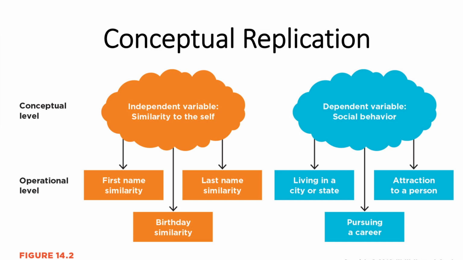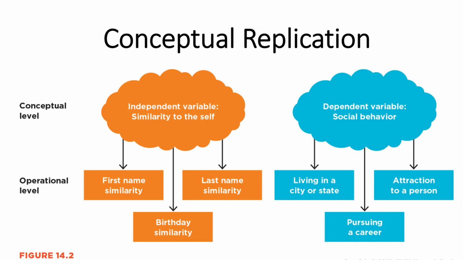But if we wanted to conceptually replicate that idea, if we wanted to show that that same concept applies in multiple ways, we could generalize. For some quick examples here, in conducting some other studies, researchers have found that people named Dennis or Denise tend to be dentists more often than they are lawyers, because dentist sounds similar.